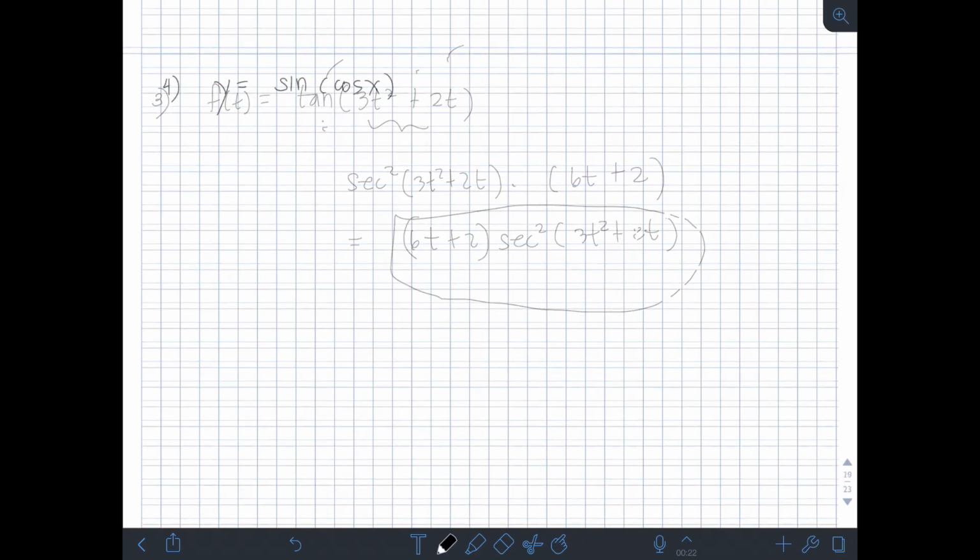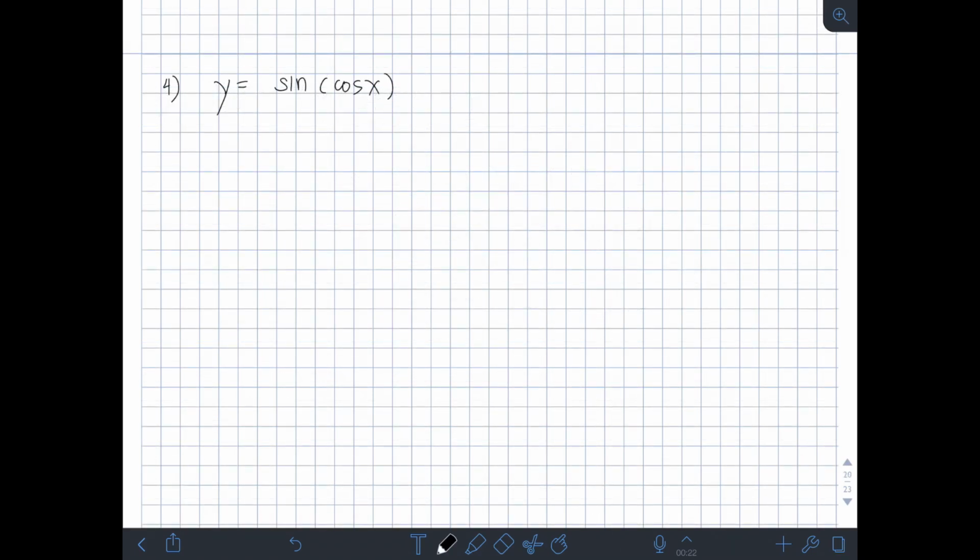Okay? Next, we have y is equal to sine of cosine x. Okay, so a trig function again. So, this time, it's considered composite again, wherein our outside function here is sine, and our inside is cosine x. Okay, so, therefore, y prime is equal to, what's the derivative of the outside function sine first?